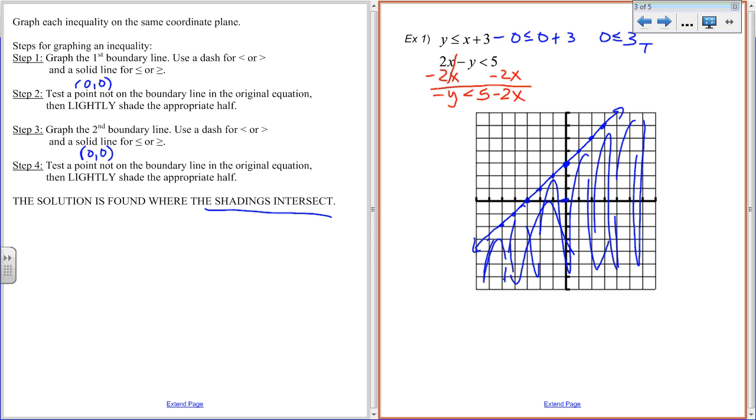What do I have to do to finish this up now? Divide by what? Divide by -1, and I'm glad you said the negative there. Because, ladies and gentlemen, when I divide by a negative, what happens to that inequality? It flips. It's going to become the opposite. So this less than becomes greater than. So I actually have y is greater than -5 plus 2x.